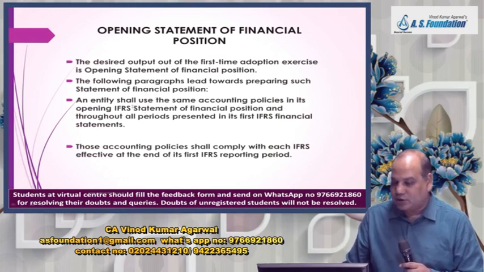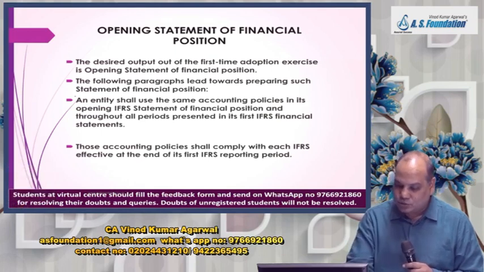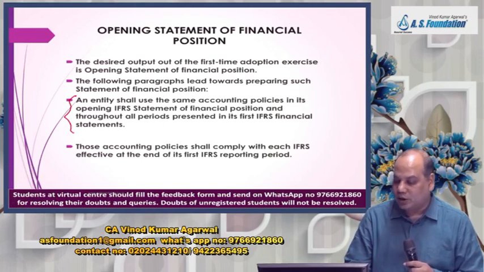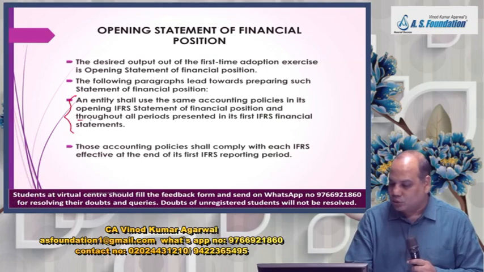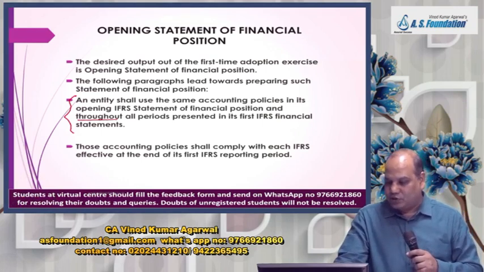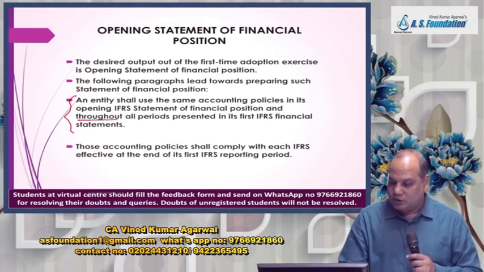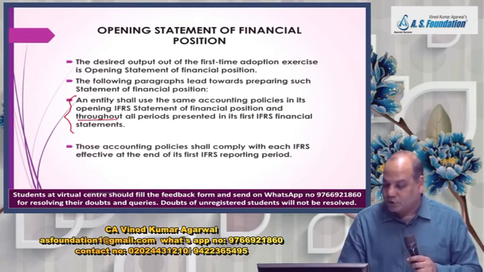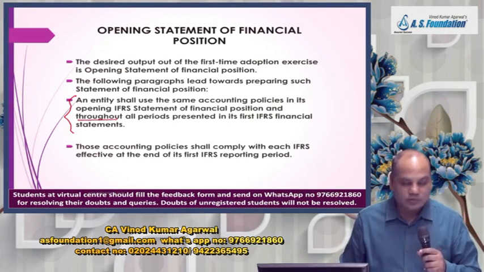Now see the guideline. An entity shall use the same accounting policy in its opening IFRS SOFP and throughout all periods presented in its first IFRS financial statements. This accounting policy shall comply with each IFRS effective at the end of the first IFRS reporting period.